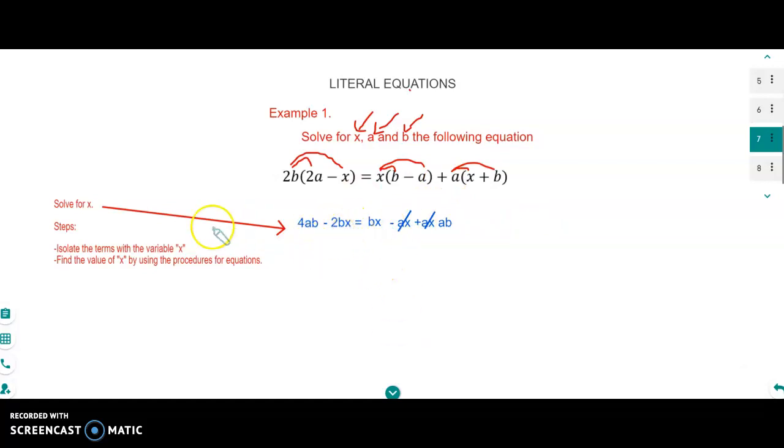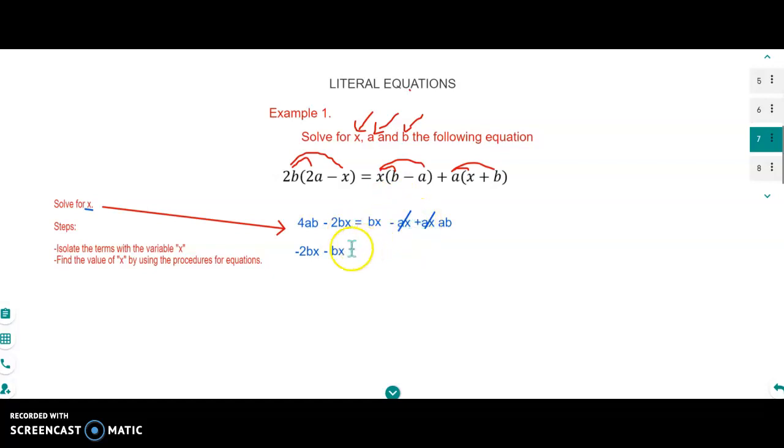So now, what is missing? Now we are going to isolate the value of x. All the terms with x, we're going to take them to the left, okay? So the value of x will be the following. We have minus 2bx, and this bx comes to the other side with the opposite sign, will be minus bx, all right?